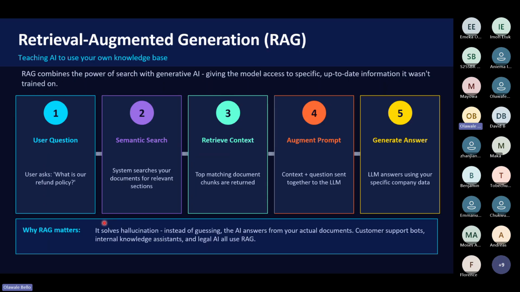There are so many processes going on for a RAG system to work, but we're not going through all of them. What I will say is that when a user asks a question, like what is the refund policy for my company, it might be different from your company and every other company as well.